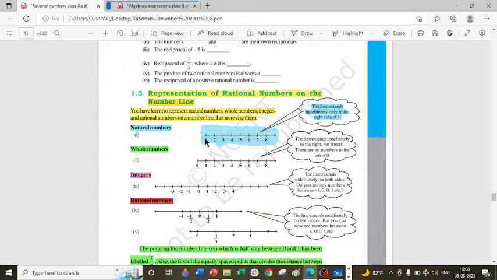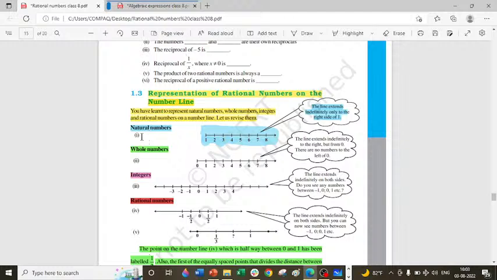From 1 we move to 2, 3, 4, 5, 6, 7, 8 till infinity. The number line has been divided into 8 equal parts, so we are just moving towards the right hand side.